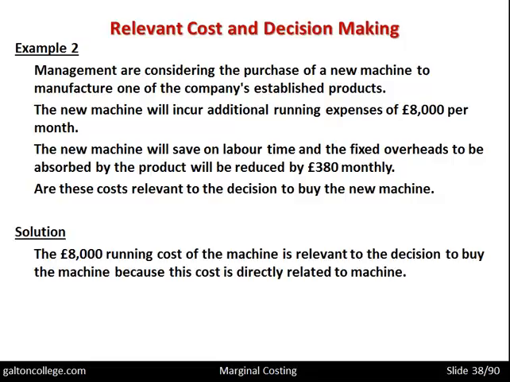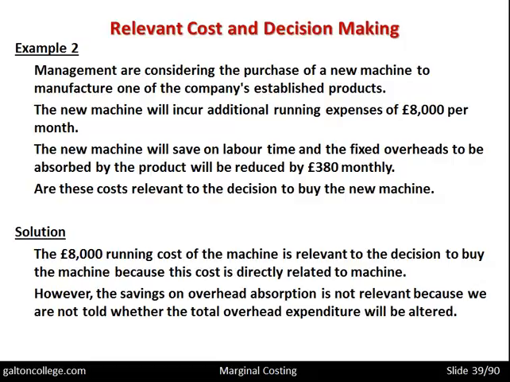Well, the £8,000 running cost of the machine is relevant to the decision to buy the machine because this cost is directly related to the machine. So certainly the additional running expenses of £8,000, that is relevant, and that should be taken into account.